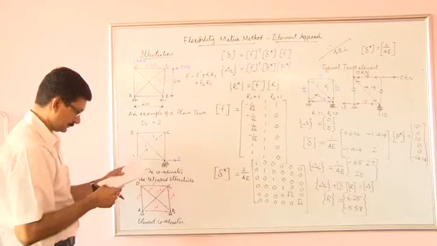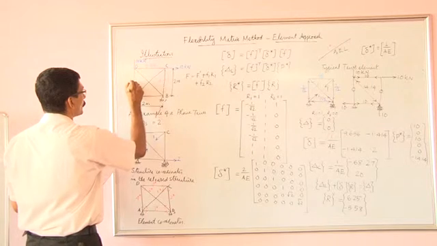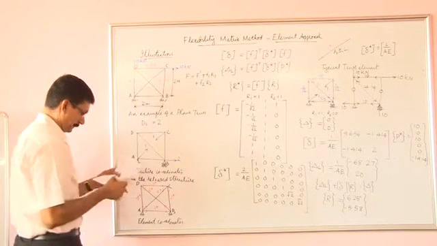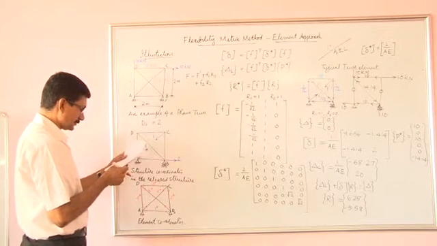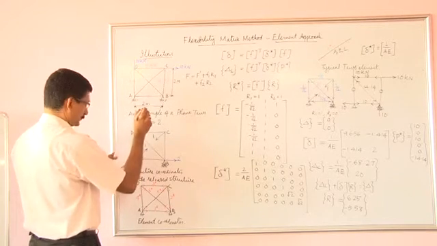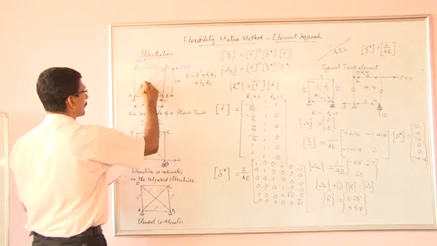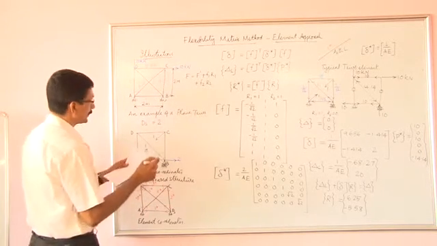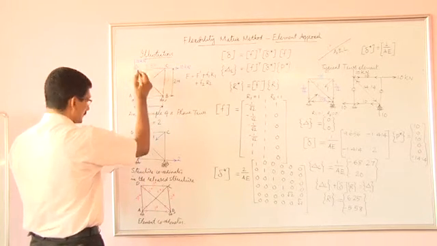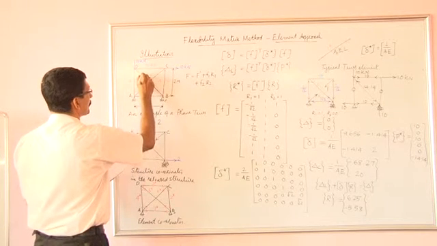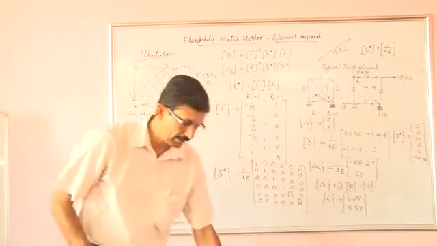DA, compressive 4.42. Member AC, tensile 6.25, and finally the last member, this is 7.88 compressive. So these are the final forces in the members.